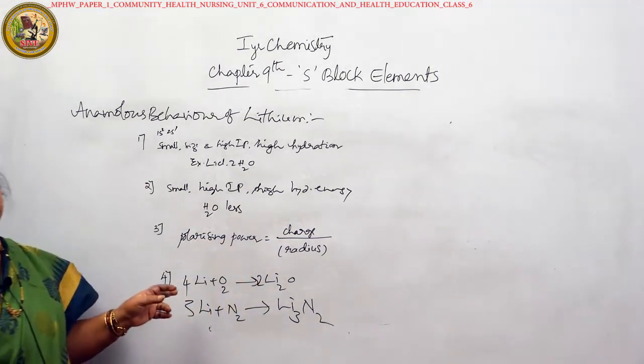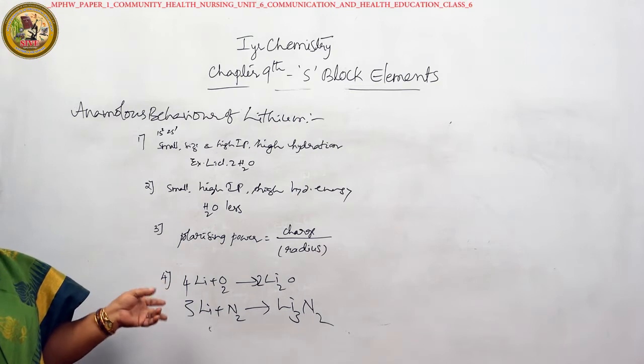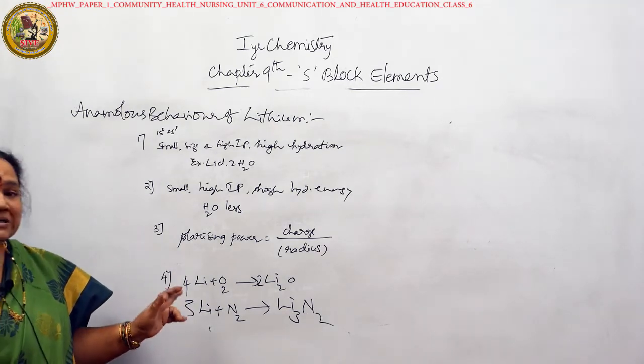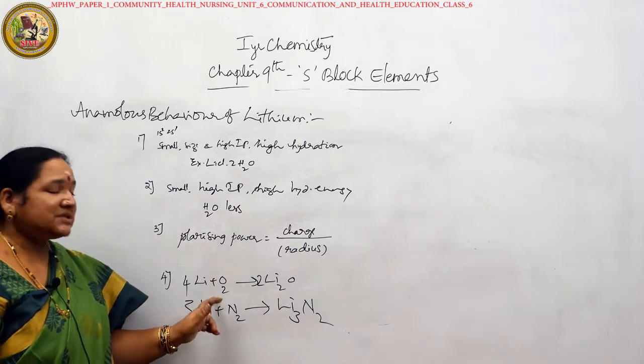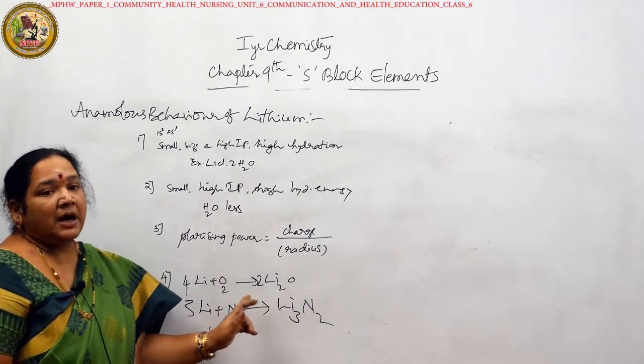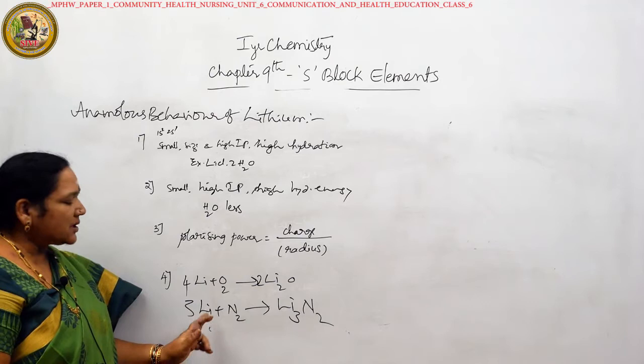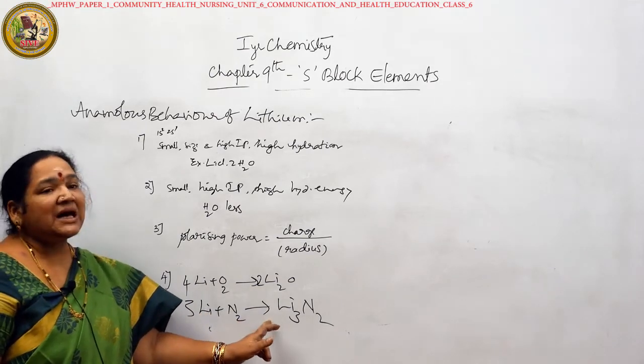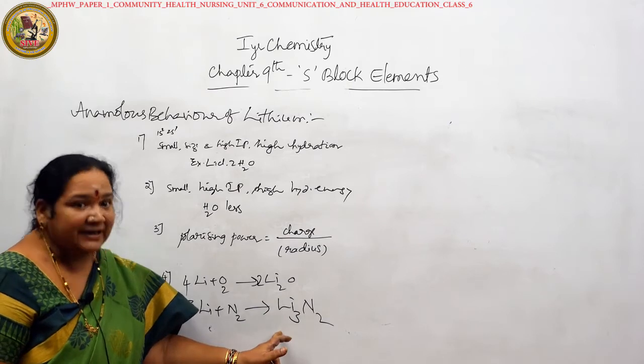Whereas the remaining elements form oxides and peroxides, lithium forms lithium oxide, and it also combines with nitrogen from the atmosphere to form lithium nitride.